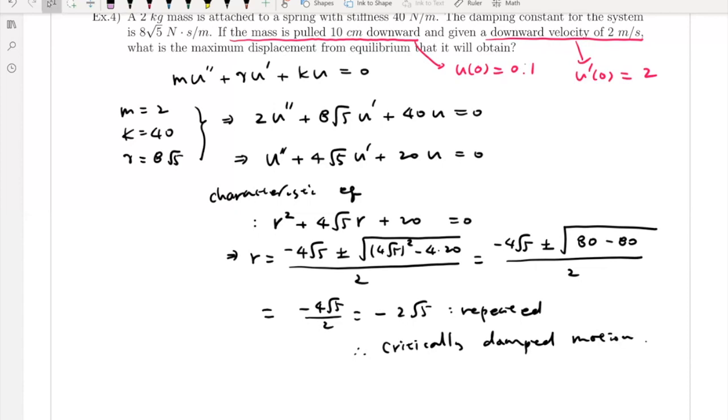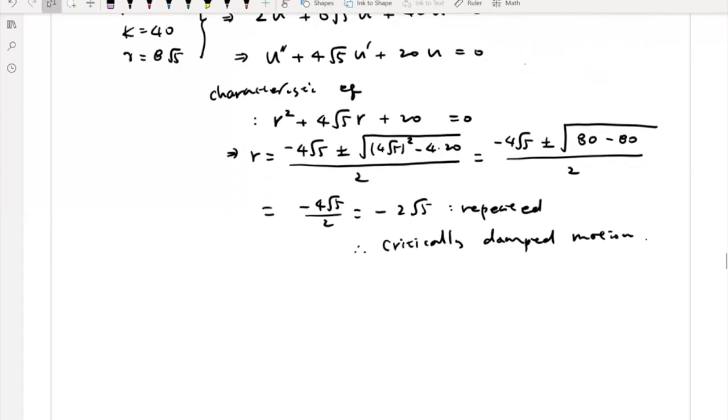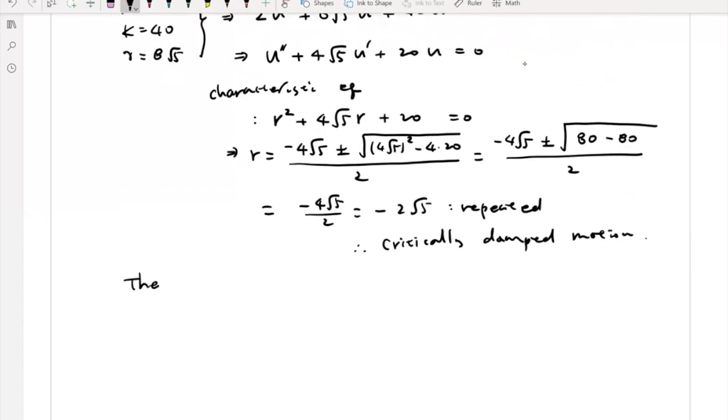Okay, now we can set up the general solution, right? Here we go. Then my u(t), since it is a repeated root for the characteristic equation, your u(t) must be this form: A times e to the minus 2 square root of 5 t plus b t e to the minus 2 square root of 5 t.